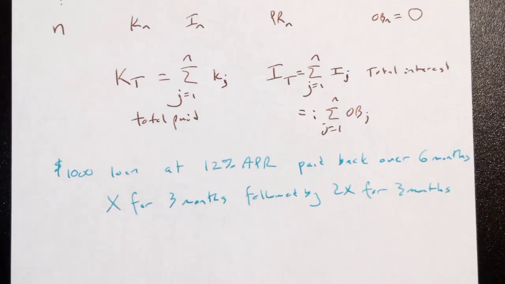So you're going to pay whatever you're going to pay for the first 3 months, then you're going to double that for the next 3 months. How much are we paying each month? And once we've figured that out, let's make a schedule.